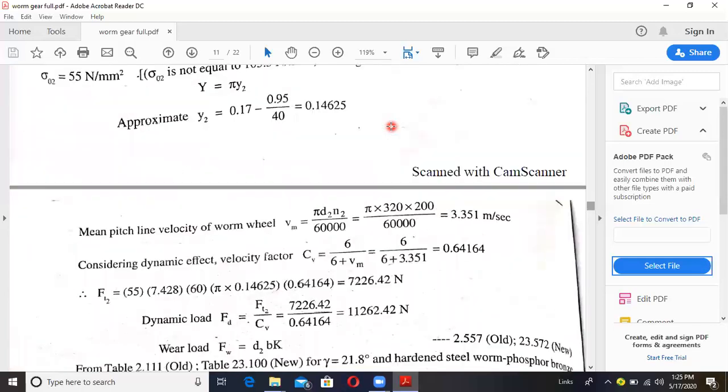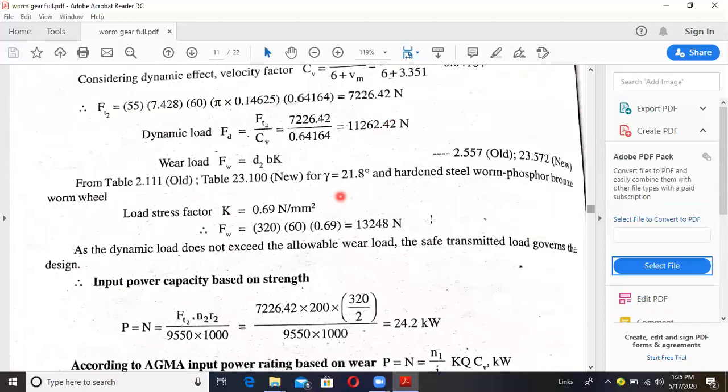So based upon the gamma and based upon the material, hardened steel worm and phosphor bronze worm wheel, we will note down the K. Here they have given the worm is the hardened steel and the worm wheel is the phosphor bronze. So we will get K is equal to 0.69 Newton per mm square, that is nothing but the load stress factor. So substitute here, then we will get the wear load 13248 Newton.